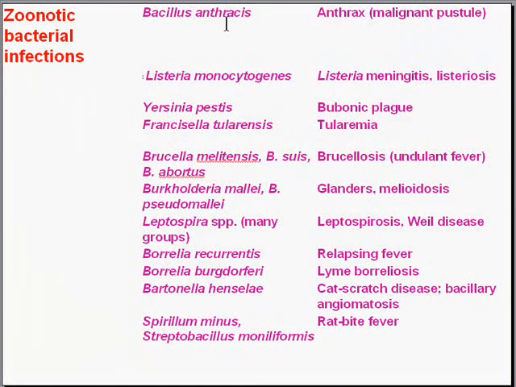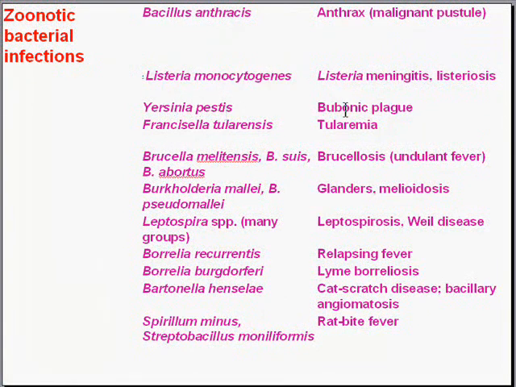So if you hear of somebody having anthrax, normally there's probably another animal in the life cycle that's been involved, unless it's been terrorist. If you hear about listeria, probably one of the most common causes of placental infections, as well as meningitis, that's usually another animal involved.